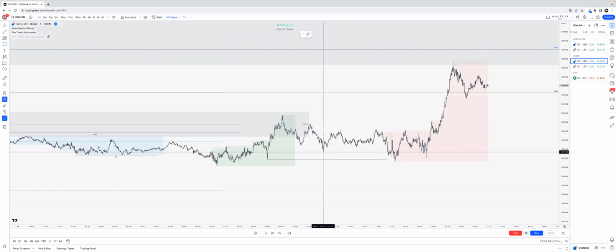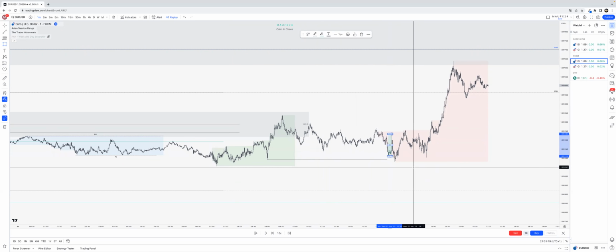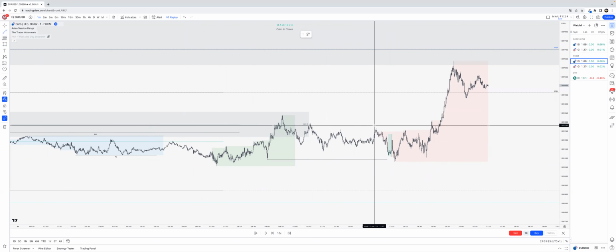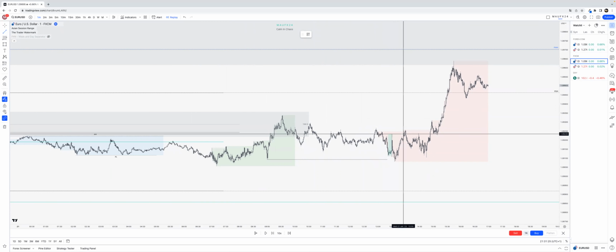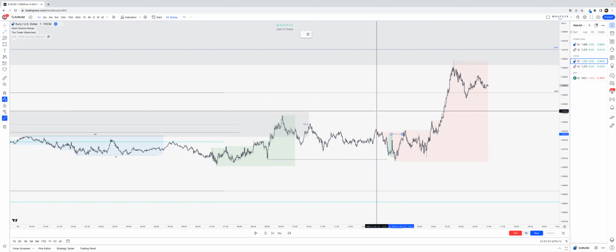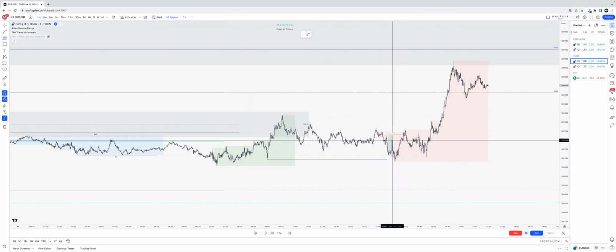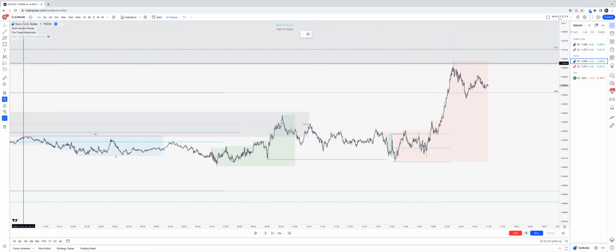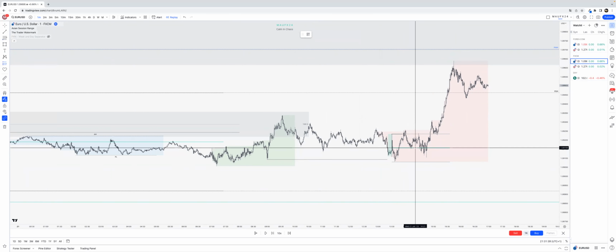High, low, get your early buyers here, taking out this one. Then you get your bullish break. Nice. Bullish break. You get your entry zone. Buy trade. So this one's actually good. There you go.